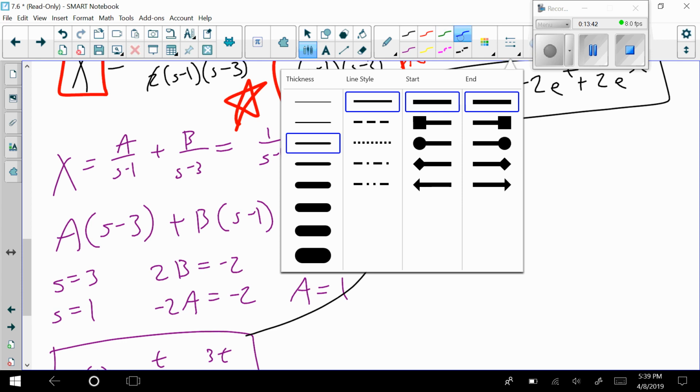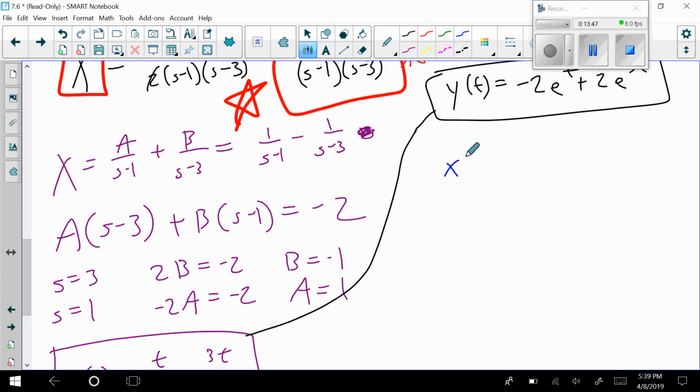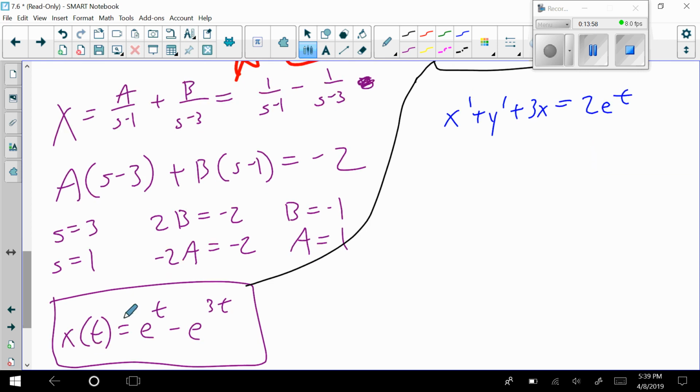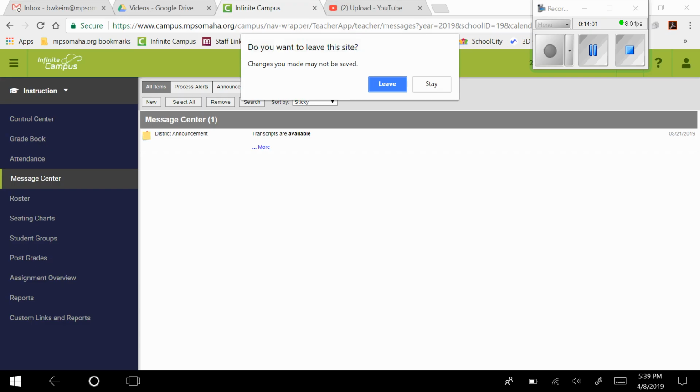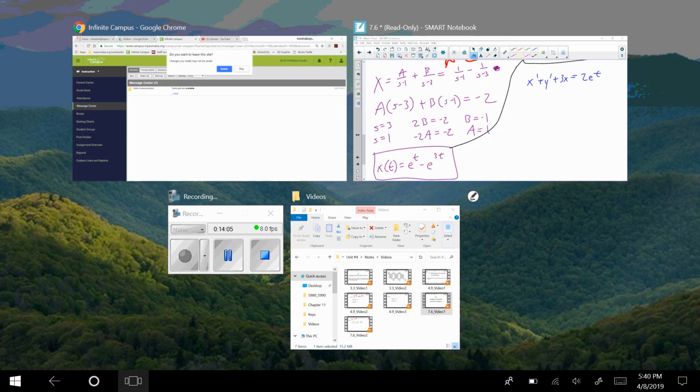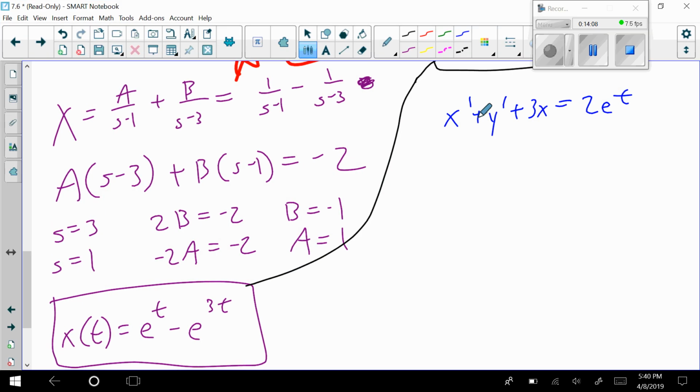If we were going to try to tackle this thing using the other style, we would be doing x prime plus y prime from the top plus 3x equals 2e to the t. Well, x prime, that's not too bad to do down here.